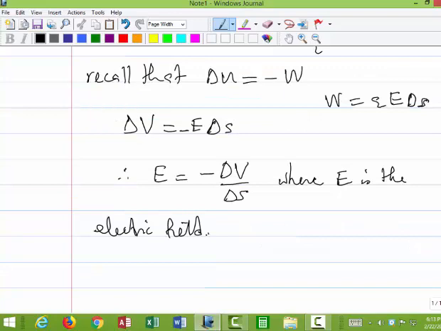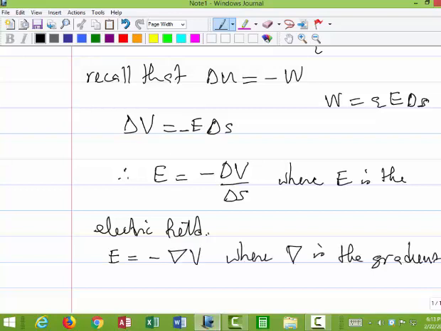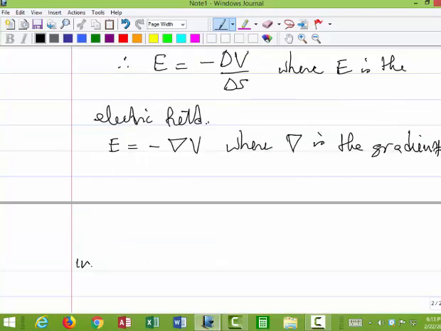So we can say that E is equal to minus the gradient. So this is the gradient. You will see that in some places they call it a gradient operator. Basically, it's just the partial derivative with respect to x, y, and z. So we can say that in the x dimension, the electric field in the x direction is just equal to minus dV dx.